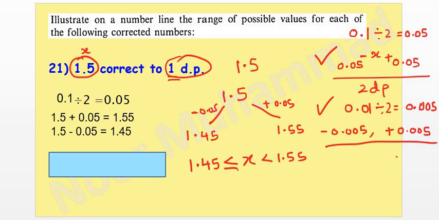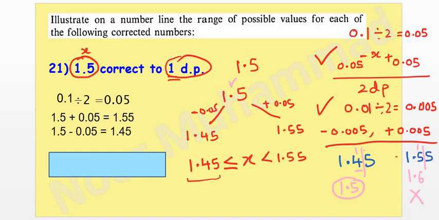Now another question: why have I written less than or equal to on one side, and only less than 1.55 on the other? Because if I round 1.45 to one decimal place, the 5 says add one more, so it becomes the same number, 1.5. But if I take 1.55 and round it to one decimal place, the 5 says add one more and it will not become 1.5.